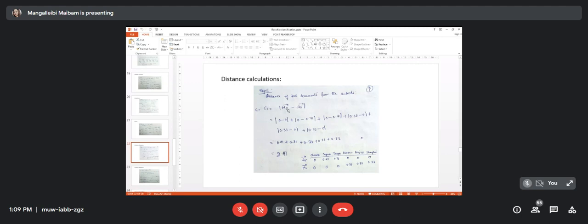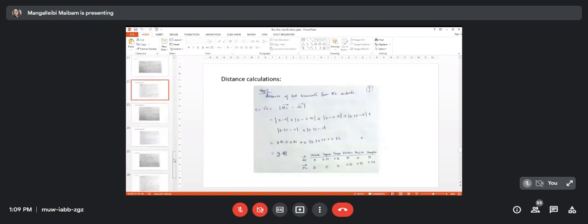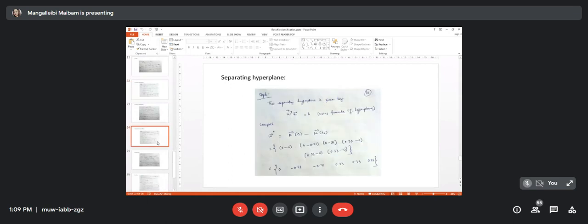With mu C we got 2.41, and with mu C gas we got 0, which means it has the minimum distance. So the vector space classifier will assign d5 to the C gas class, which is our North China class.